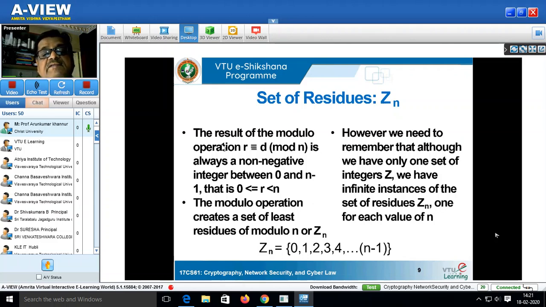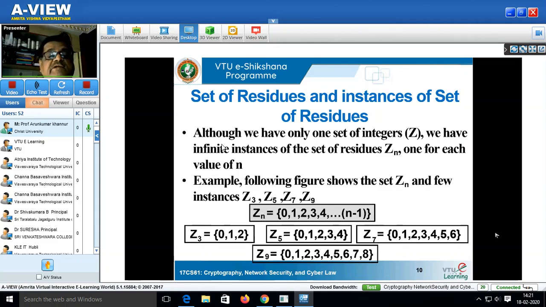This understanding of the concept Zn is very crucial. We shall go deeper into it now. However, we need to remember that although we have only one set of integers Z, we have infinite instances of the set of residues Zn, one for each value of n. What does it represent?